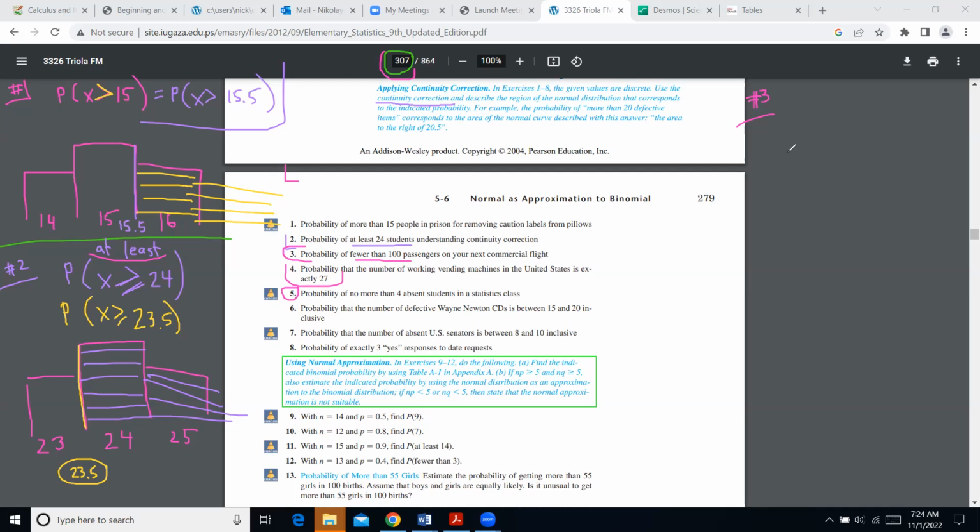So 3 says the probability that fewer, that means less, right? Less than 100 passengers in the next commercial flight. So now we're going in the other direction. So again, I get these 3 boxes.